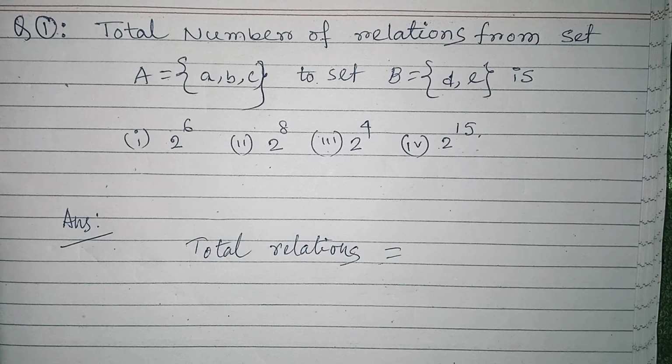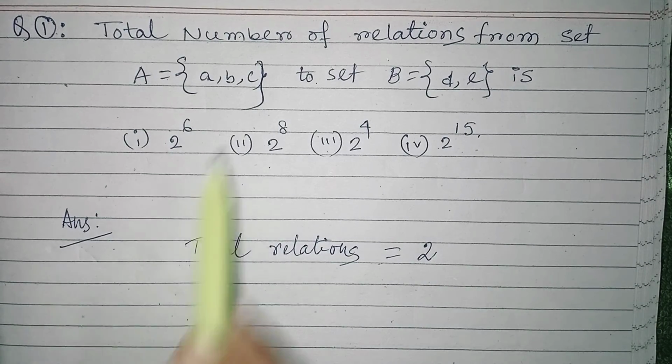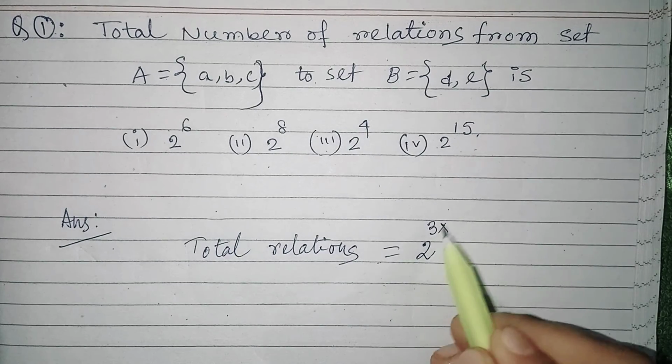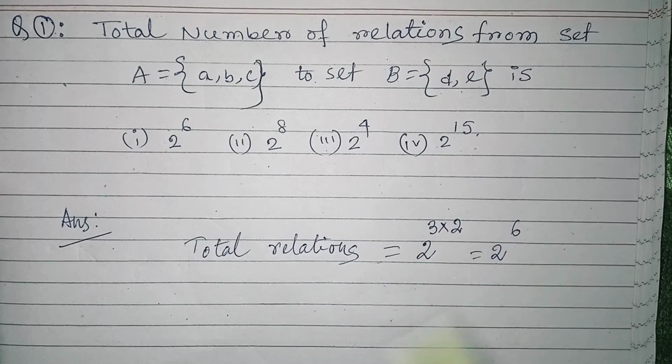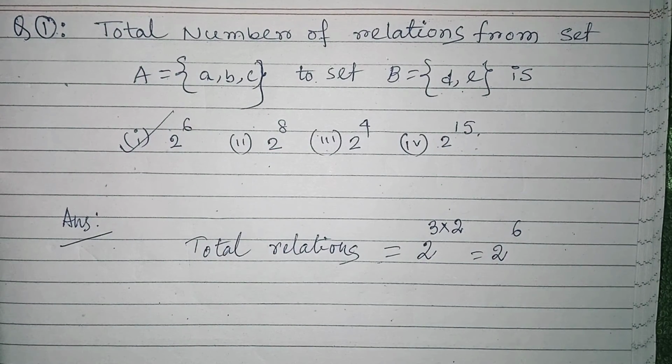The total number of relations equals 2 to the power of the number of elements of A times the number of elements of B, that means 3 into 2. So the answer will be 2 to the power 6. That means the first option is correct. So this is the formula.